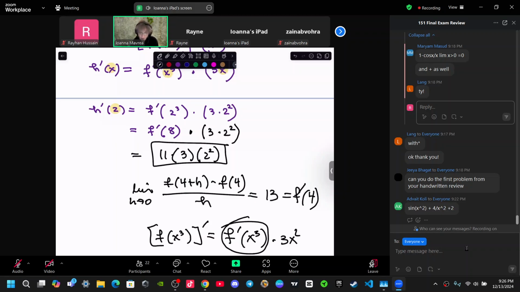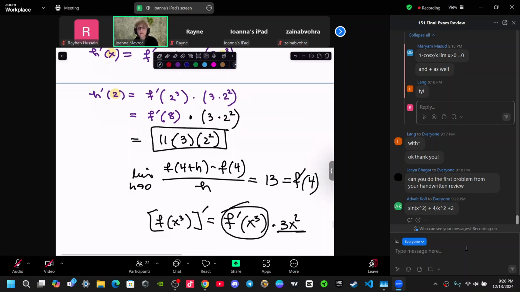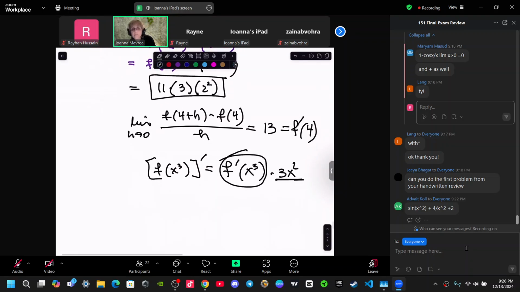So if you know this because somebody gave it to you at a particular x, all you have to do is multiply by the right amount. I think there was a problem like that. I'm not sure. Also check it in the review. But that's a good problem. Questions?